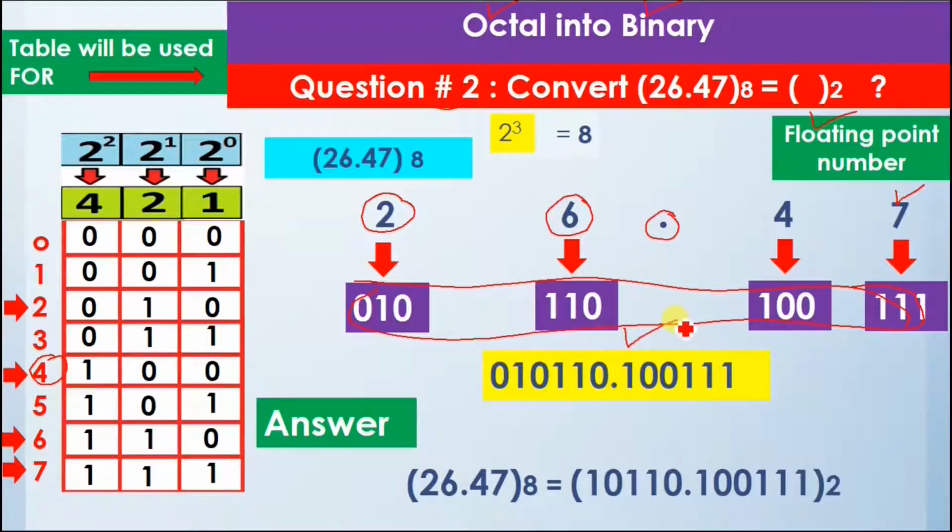So we combine them and they become 010 comes from here, 110 comes from here, then we have the floating point number, then 100 comes from here and 111 comes from here, right? So now we can say that the number 26.47 in octal is equal to 10110.1001111 in binary. So this is how we can calculate the solution of question number 2.